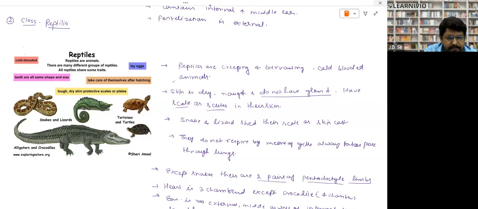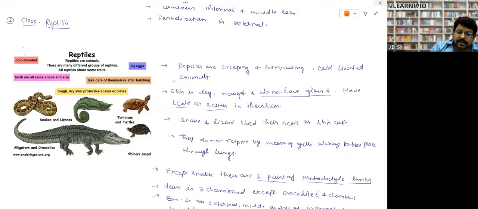Next point. Snake and lizard shed their skin, their scales, as skin cast.